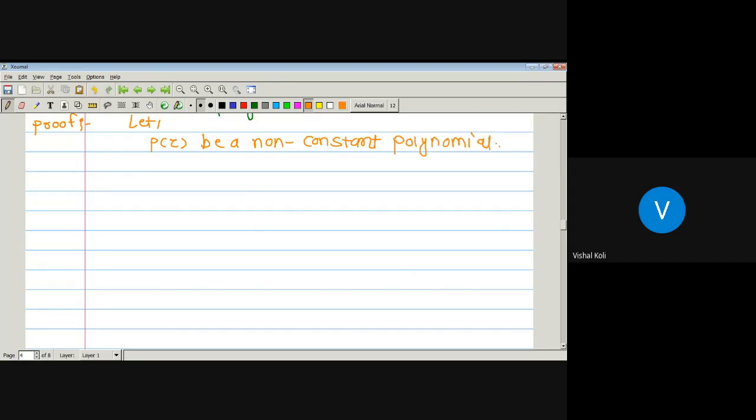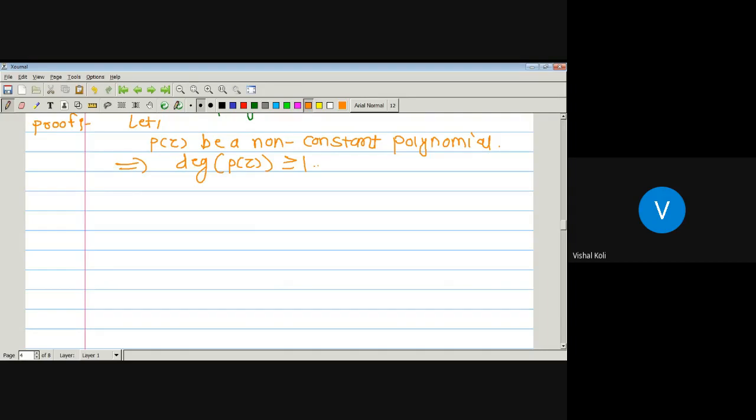What is the degree of P of z? n. In general, how can we say n? What is the degree of a constant polynomial? 0. Then what is the degree of a non-constant polynomial? At least 1, that is, greater than or equal to 1, which implies the degree of P of z must be greater than or equal to 1.